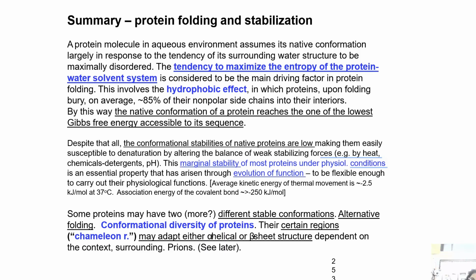This marginal stability of most proteins under physiological conditions is an essential property that has arisen through evolution of function, to be flexible enough to carry out their physiological functions.